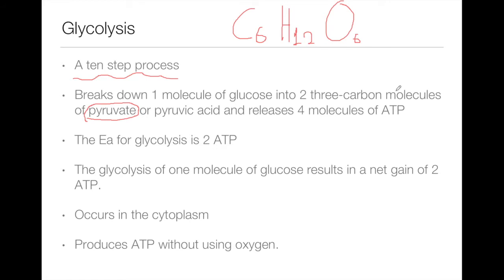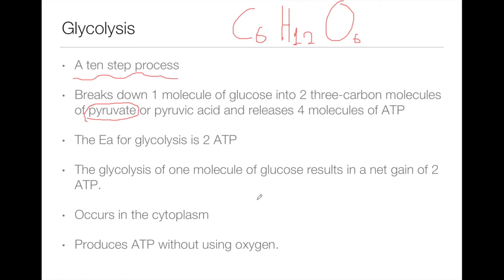Energy from ATP is needed in the first steps, but energy is released in later steps, which can be used to make ATP. There is a net gain of 2 ATP molecules per molecule of glucose broken down. That is why the activation energy for glycolysis is 2 ATP.